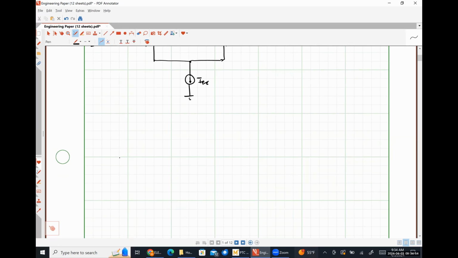So I'm going to start here. So here's my small signal input voltage, VN1. Here's R pi 1 and VBE 1.